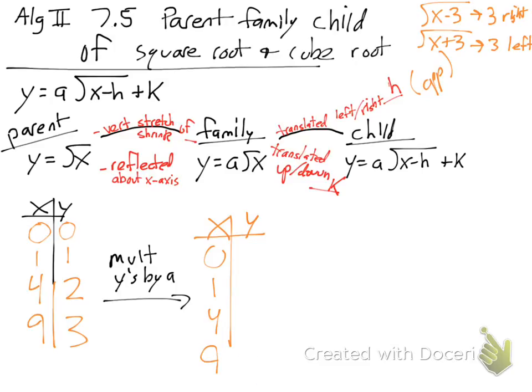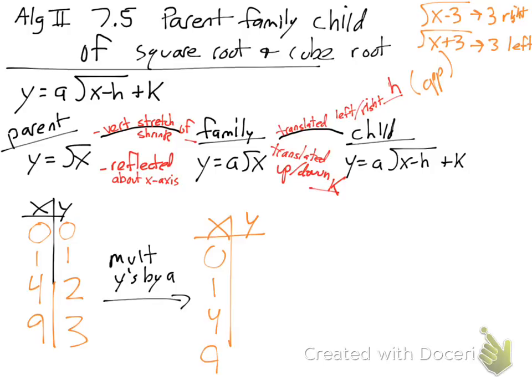So, for an example, if a was 2, up here we have to state it, it's a vertical stretch of 2. But then when we come down to our t-charts, I'd say 0 times 2, which is 0. 1 times 2, which is 2. 2 times 2, which is 4. And 3 times 2 is 6. That would give me the values for here.